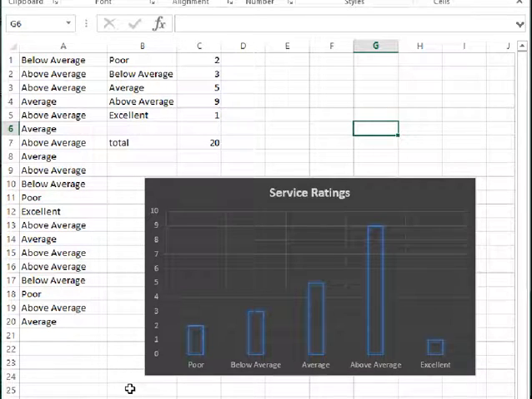So you can see the value of a frequency distribution, which is the basis of all statistics really, is that it helps us more quickly understand the data that we're looking at in terms of a particular research question. In this case, the research question is, how is our restaurant performing?